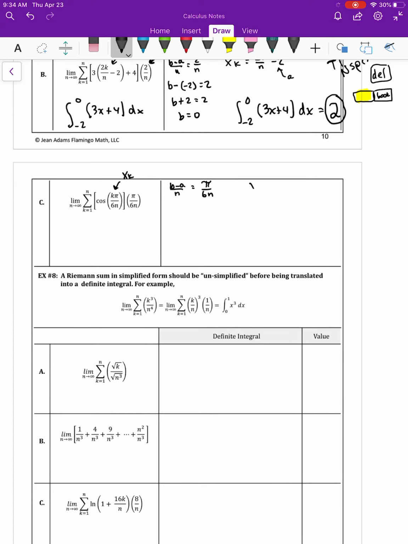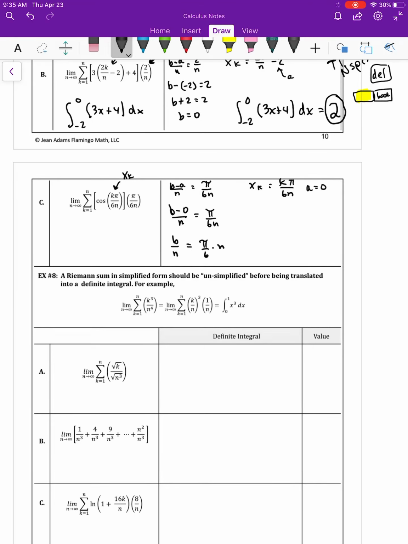Okay, and let's do C. So for this one, our b minus a over n is pi over 6n. And so then when I look at my x sub k here, it looks like my x sub k is k pi over 6n. So that makes me think that my a is 0, right?